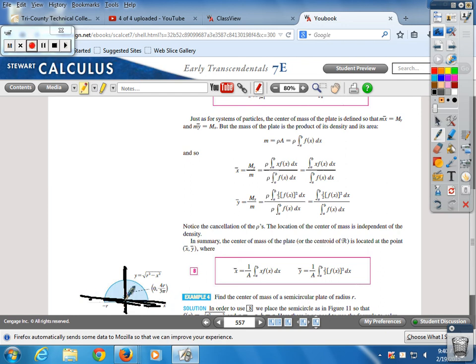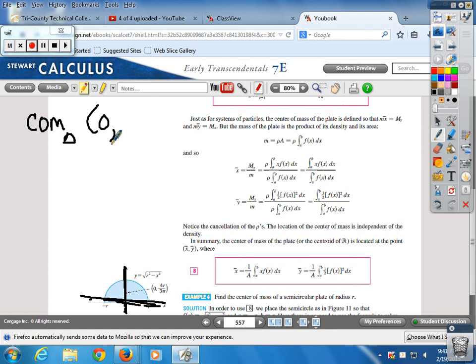So your x for the center of mass of the semicircle is going to be 0. So you don't even have to figure that. I'll figure it for you: 0. You're welcome.